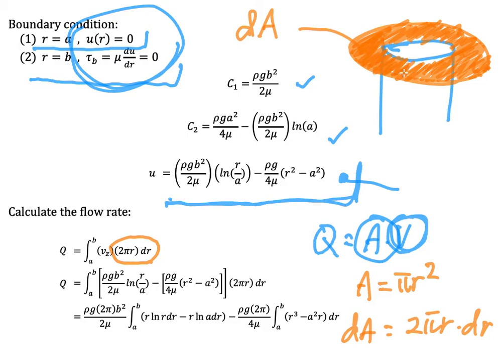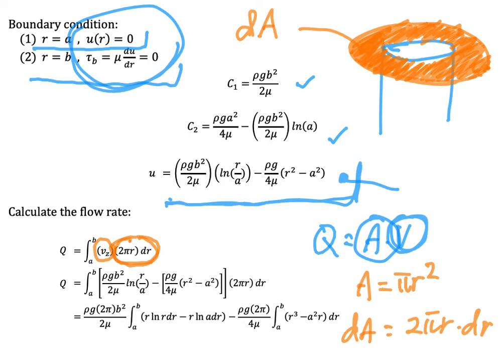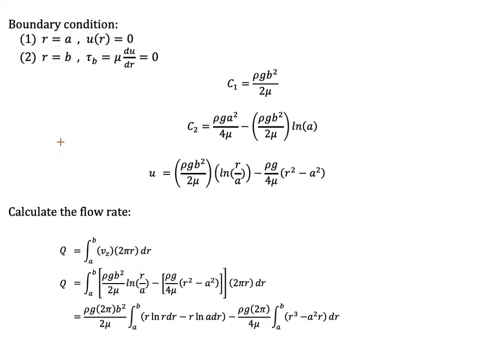Again, we substitute the value of Vz, we substitute the value of A here, and then we do the integration. However, when you do the final calculation, you must be careful, because the limits here cannot start with 0.